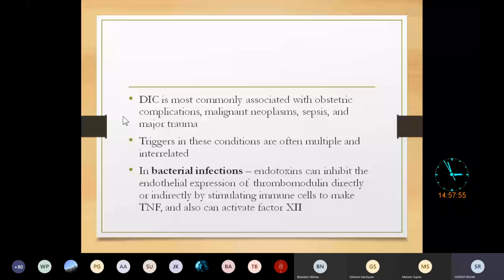And in bacterial infections, the endotoxins can directly inhibit the endothelial expression of thrombomodulin. So whenever there is inhibition of thrombomodulin, directly or indirectly, it can also activate factor 12, leading to formation of thrombi.